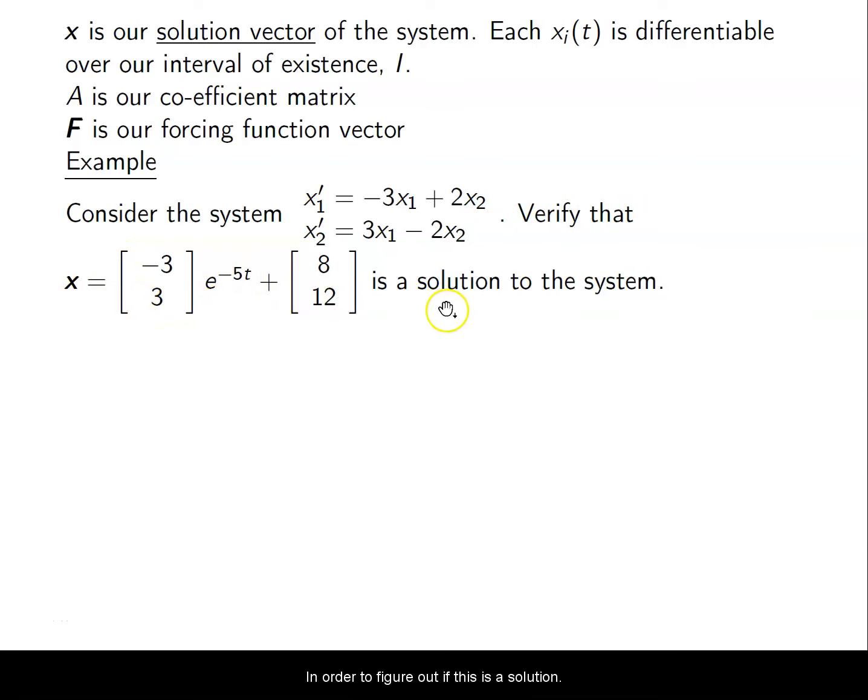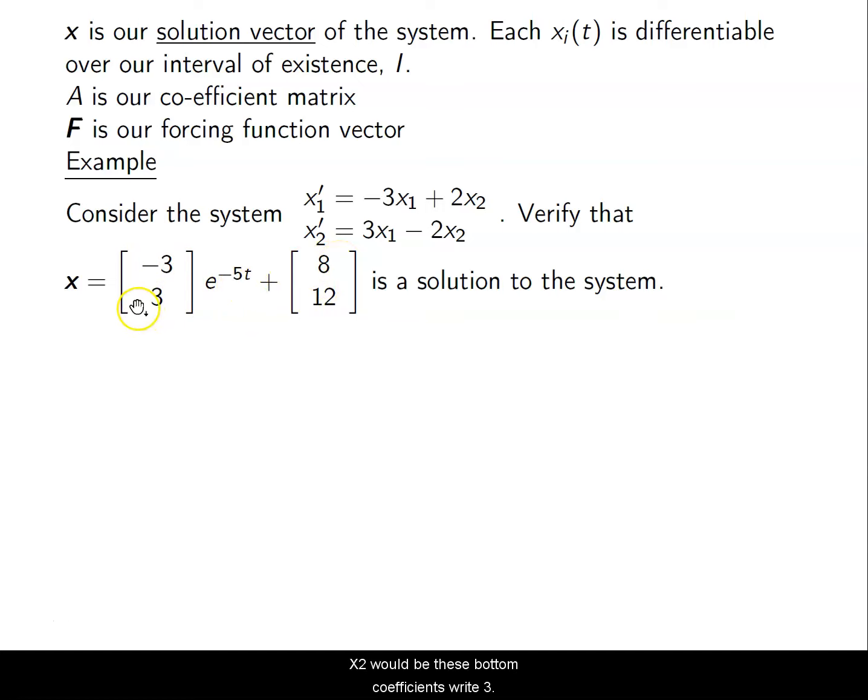So in order to figure out if this is a solution or not, I need to apply it here. The way that this works is I'm writing in vector form, but this is multiplying times each term here. So I can write this, if I wanted to, as x1 and x2 separately, where x1 would be negative 3 e to the negative 5t plus 8.